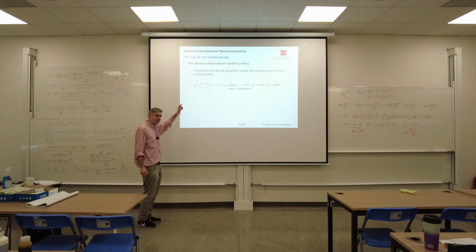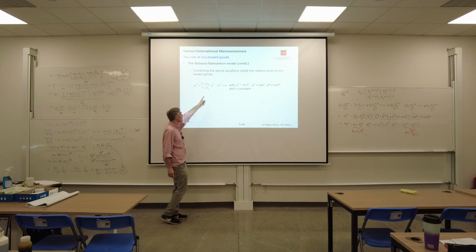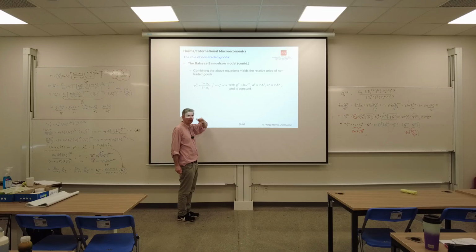So this is the log of the non-traded goods price. And what you see is the following. The non-traded goods price goes up if productivity in the traded goods industries goes up.